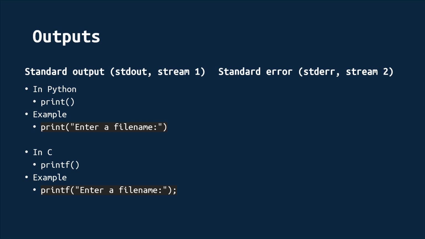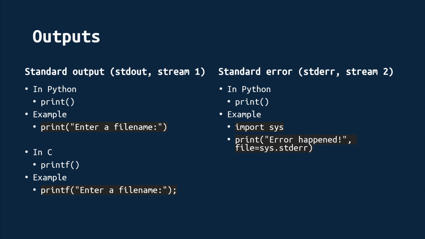We also have standard error, or stderr, which uses stream 2 and is specifically for error messages. In Python, you use print with the file parameter set to sys.stderr. So here we have this parameter added.